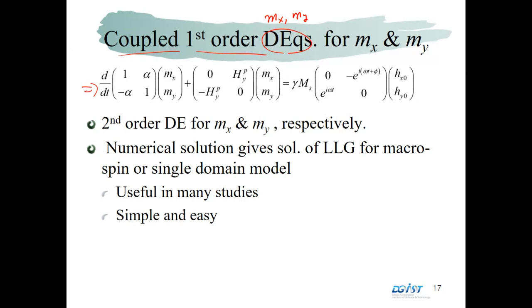When we substitute mx or my into the other equation, we can obtain a second order differential equation, which is actually quite similar to the harmonic oscillator solutions. So I want to recall that simple mathematics to remind you.